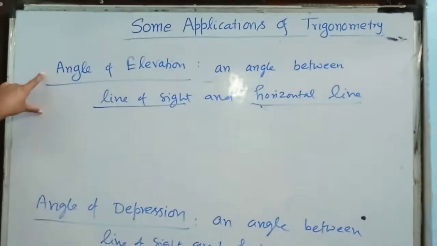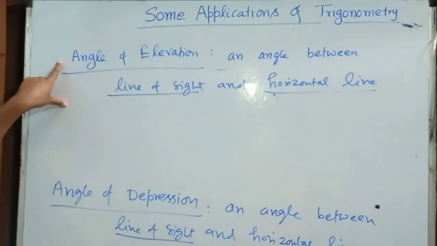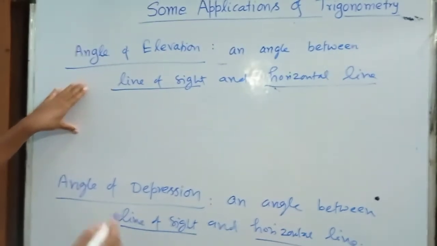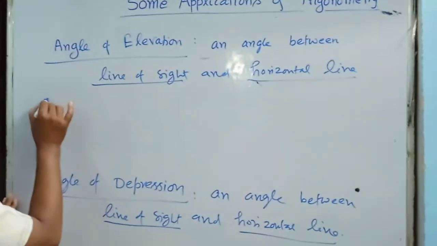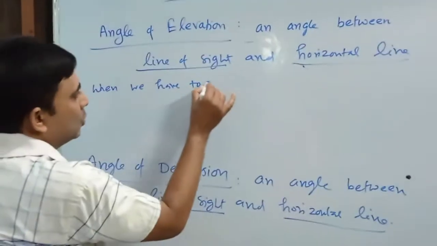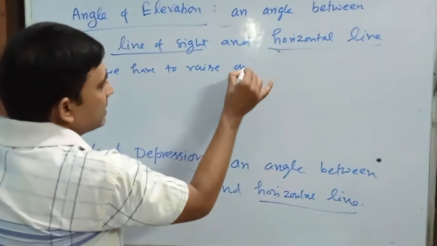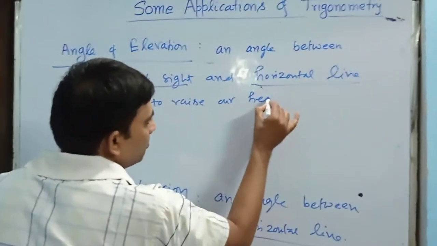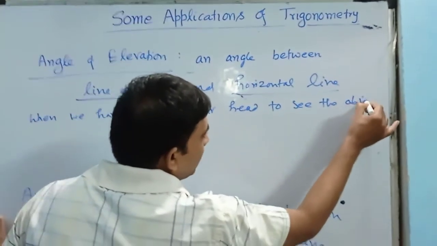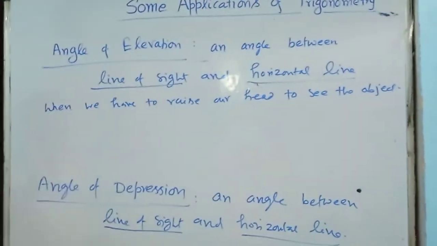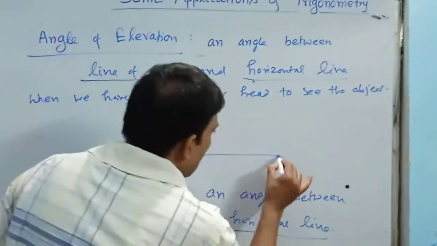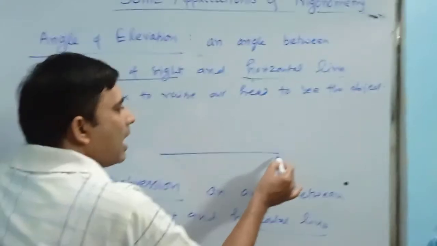See, in this case you have to raise your head to see the object. When we have to raise our head to see the object, it means the object is above horizontal line.